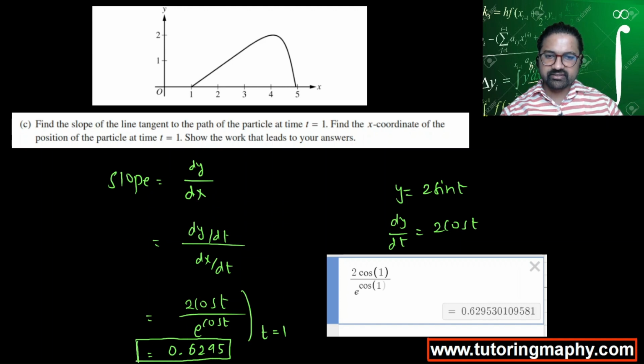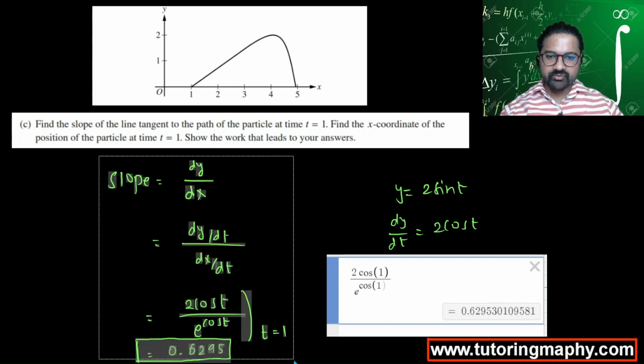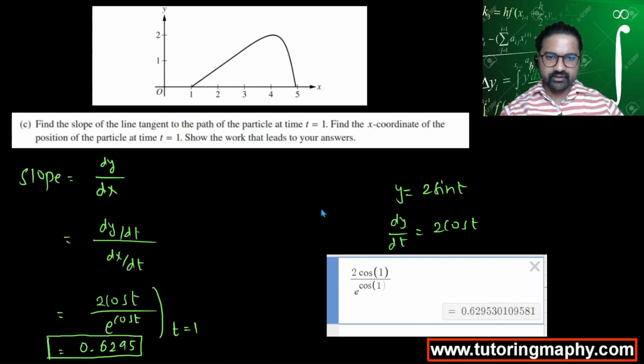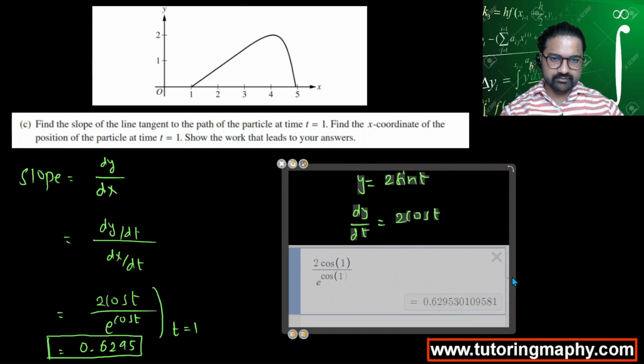The next part is they're asking what is the x coordinate of the position of the particle at t equal to 1. So they're asking the value of x, right? Let me make some space over here so that I can do the other part.